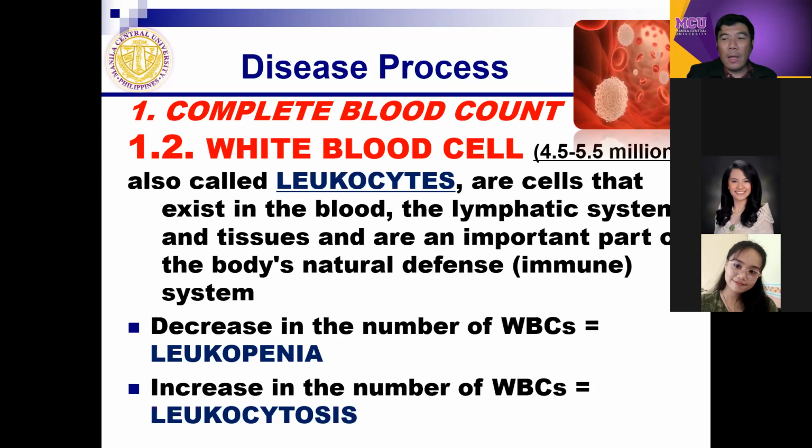So ang white blood cells po ay specifically saan siya napoproduce. Usually yan ay it exists in the blood, specifically in the lymphatic system. So that's why ang WBC ay usually our parameter for the type for an infection, okay, and for inflammation problems.